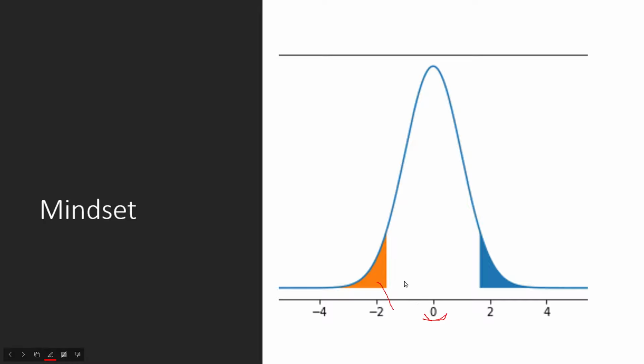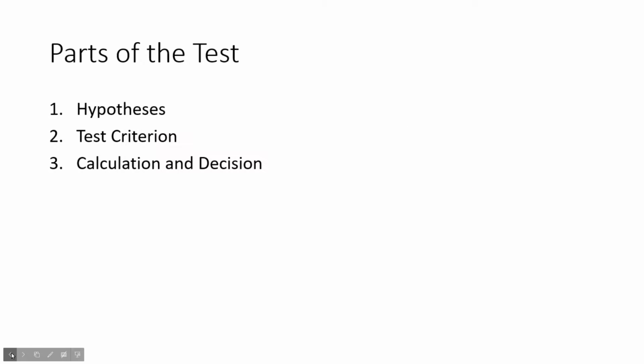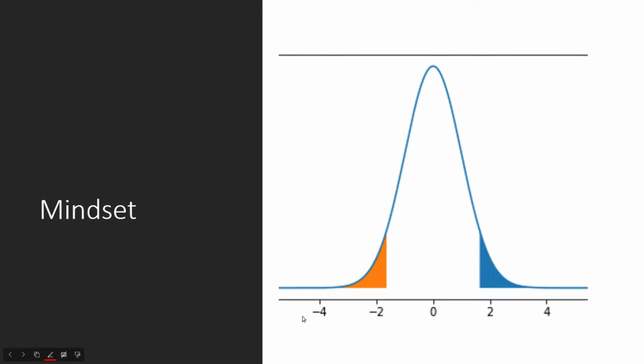Okay, we can take samples, and basically when we take our sample and we get the mean of our sample, that mean can fall any place along this axis. It can be here, it can be here. Most often, if this is our mean, the mean of our sample will fall here.